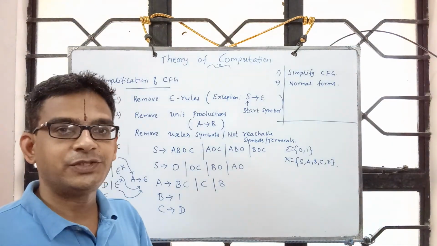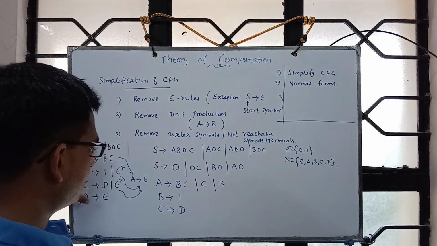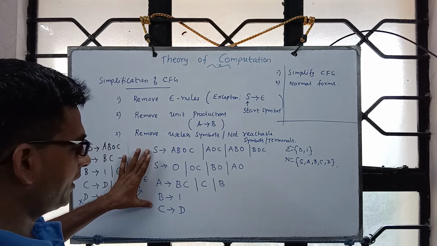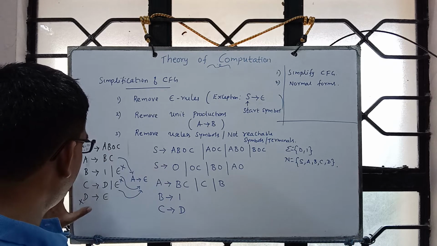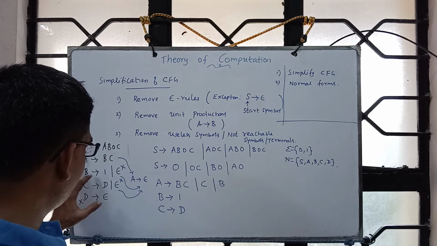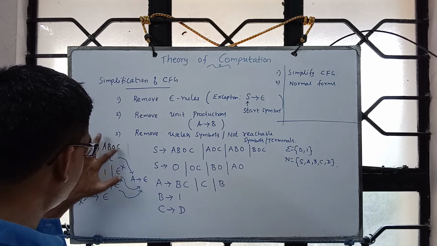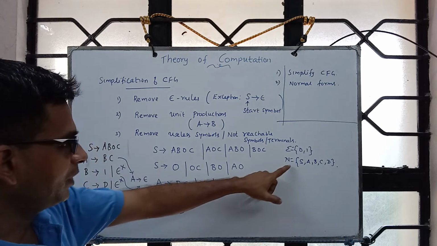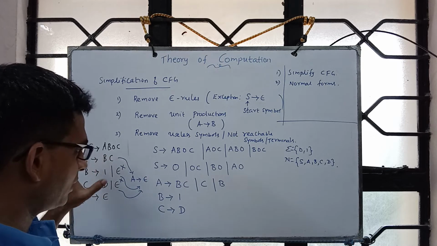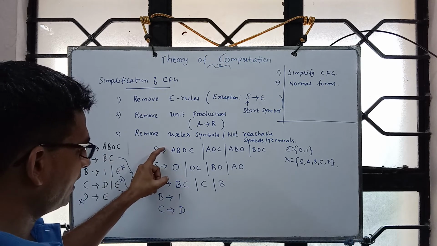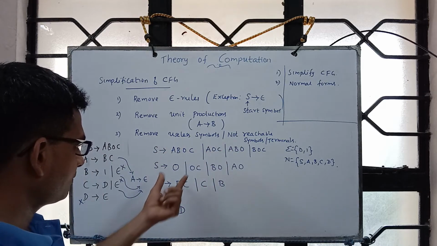But while doing so, you should ensure that the language accepted by this and the simplified one must be the same. So keeping that in mind, supposing you find B → epsilon, now you may generate a string over N union T by substituting B → epsilon. So that should be preserved, which is why we get strings of this type.